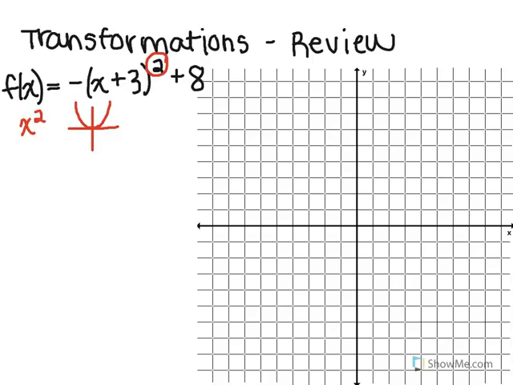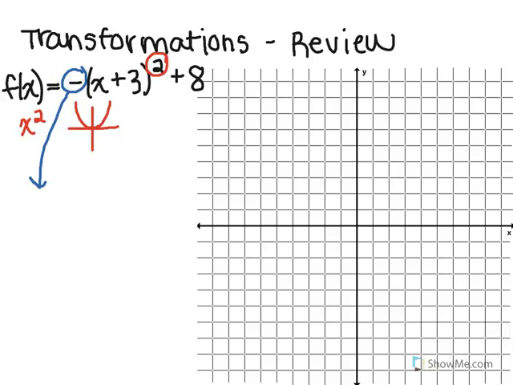Then we can go through and look at all the different pieces of the function and try to figure out how that translates into the actual graph. The first thing I might notice is this negative. There's a negative in front or outside of that squared piece. When we talk about inside or outside the function, it all has to do with that parent graph.